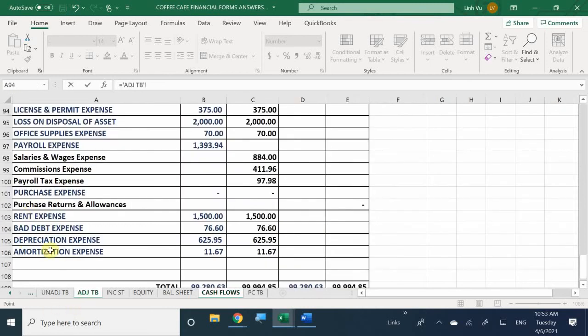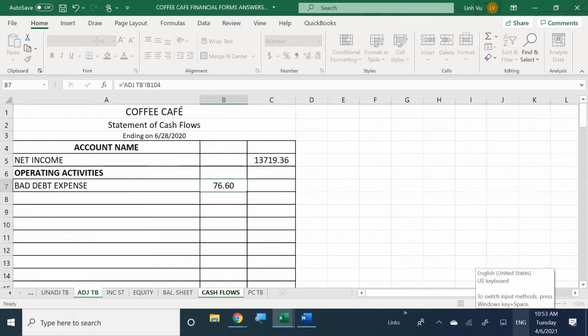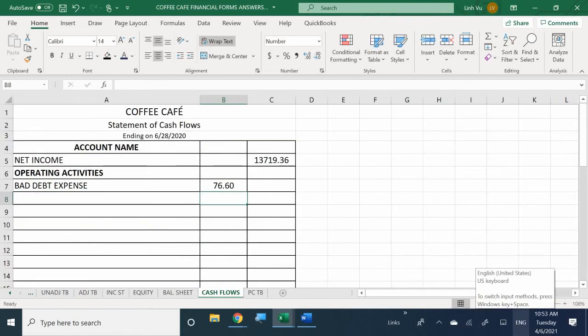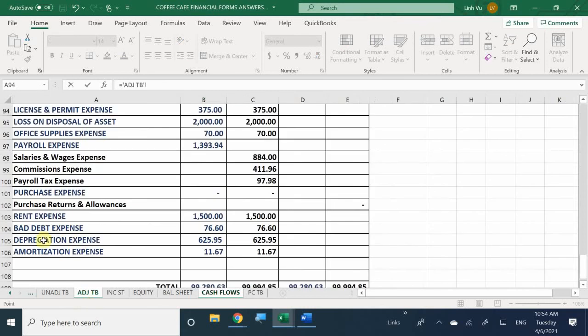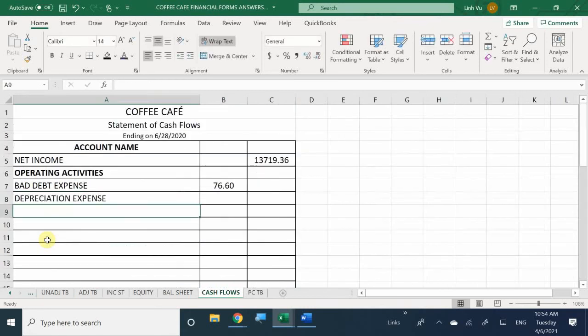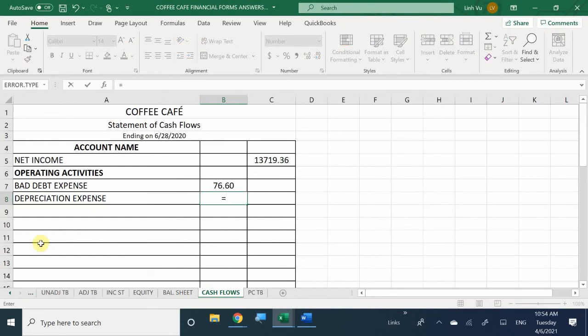So let's see what that amount was. It was $76.60. Same thing with the depreciation. Did we actually spend money to depreciate our assets?